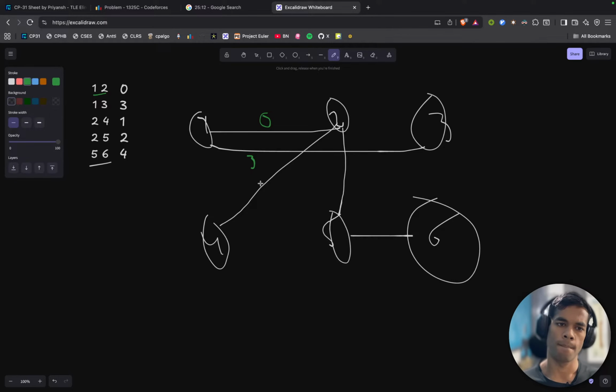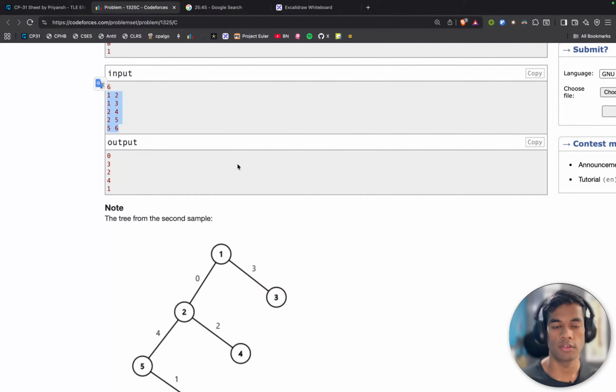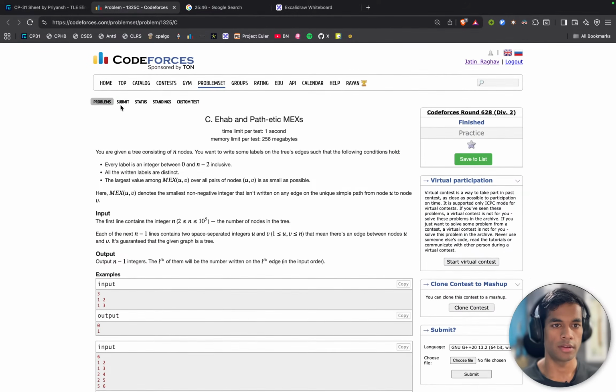Then for 2, 4, we have weight equal to 1. Then for 2, 5, we have weight equal to 2. Then for 5, 6, we have weight equal to 4. And here we can see for every simple path, yep, the maximum is 2. Yeah, this is correct. This is actually correct.